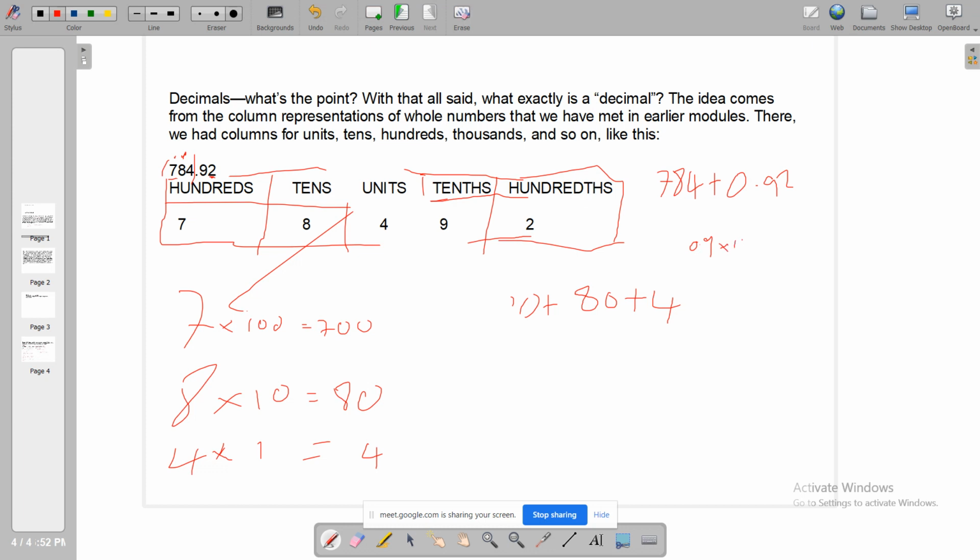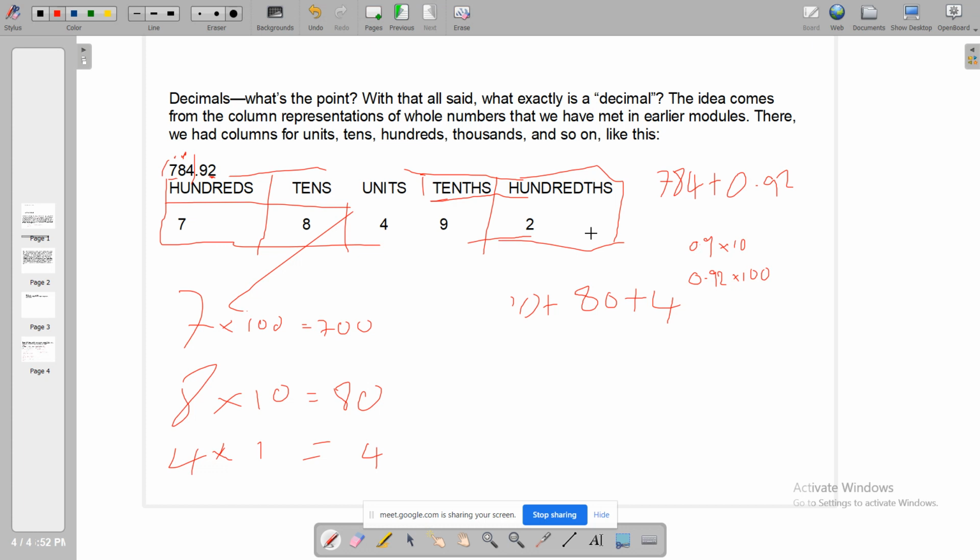We are just dealing with the breakdown for you to understand. Now here the position is hundredth. So if I want to add the 2 to it, here will be 0.92, and this will give me hundredths.